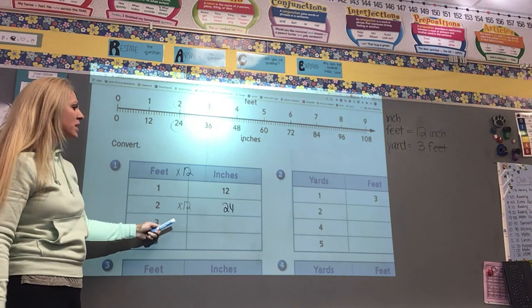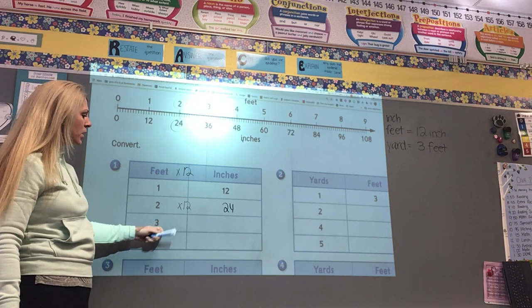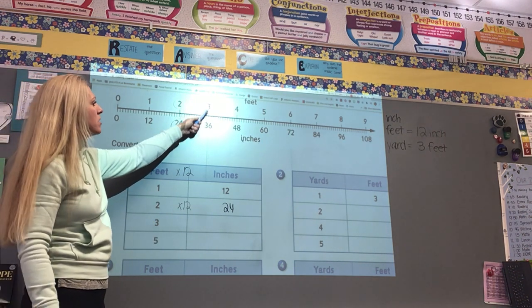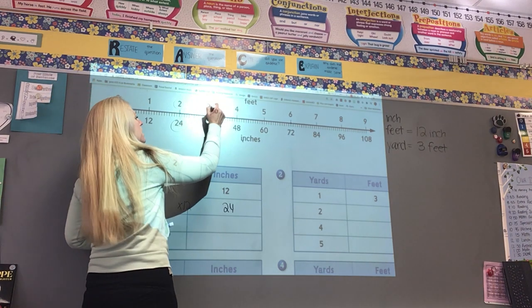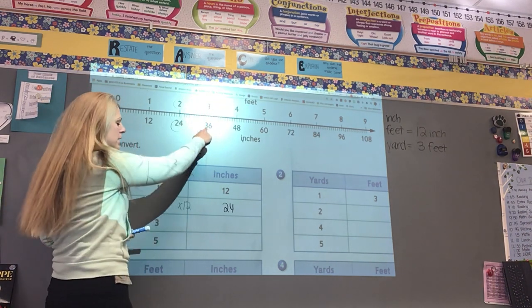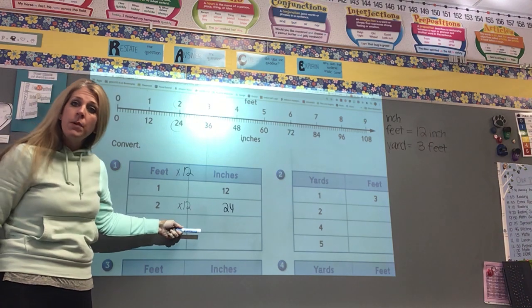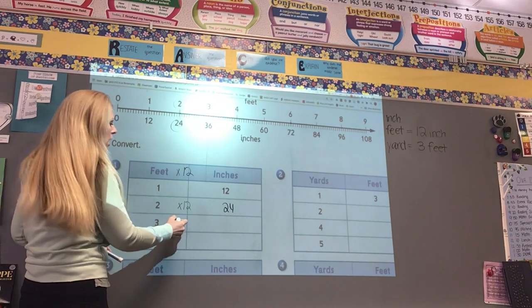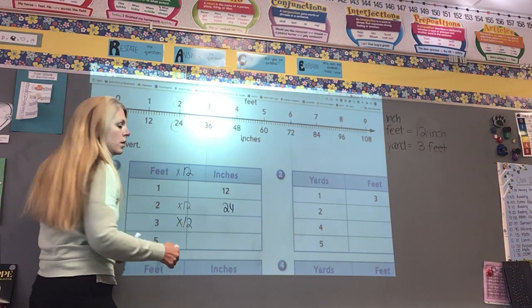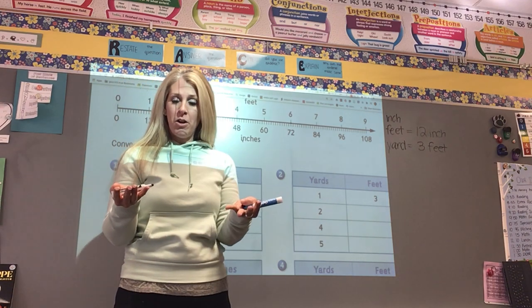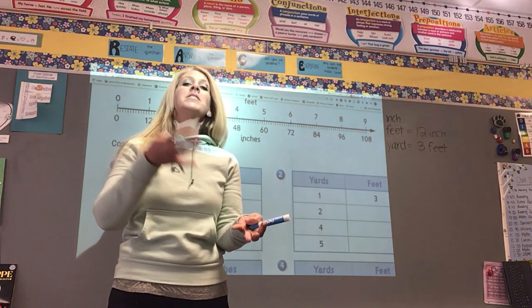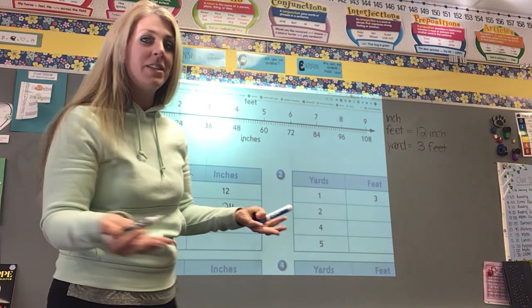Okay, so now if we do it again with 3, we could look up here at our chart and see 3 feet is the same as 36 inches. Or we could keep counting by 12s. We could do another group of 12. 12 plus 12 was 24, plus another 12 would be 36.